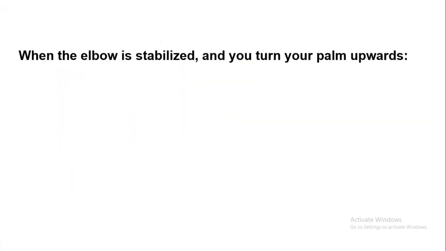All right, let's quickly look at this important question. When the elbow is stabilized, you know we have different joints. We have the shoulder joint, we have the knee joint. Now at this moment we are talking about the elbow joint.